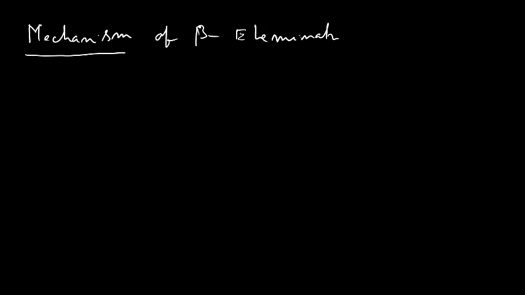Now let us discuss the mechanism. What is a mechanism? The detailed discussion of a reaction in two or more steps is the mechanism. Mechanism of beta elimination or dehydrohalogenation.